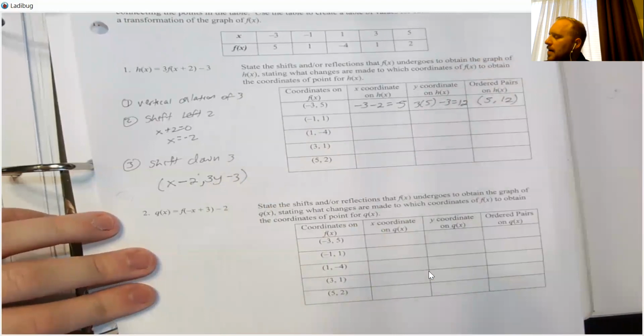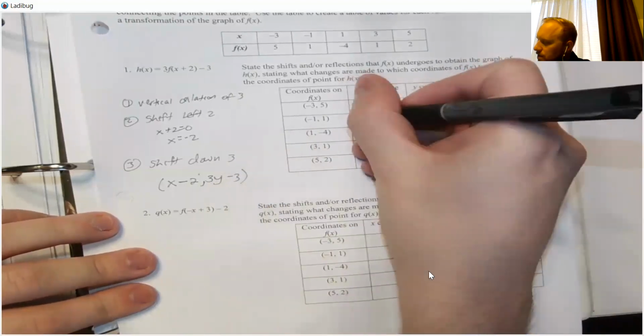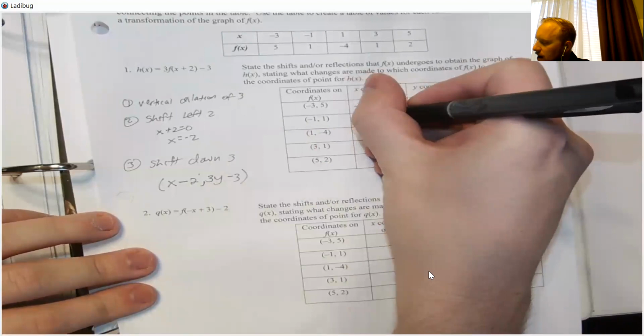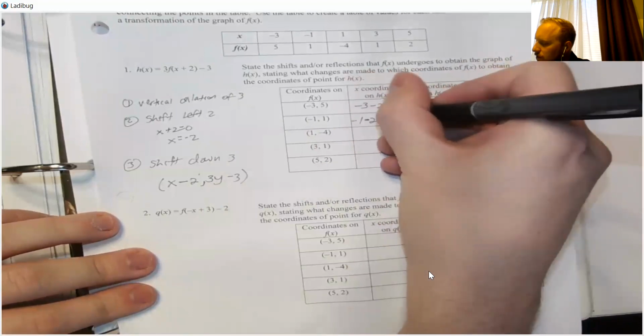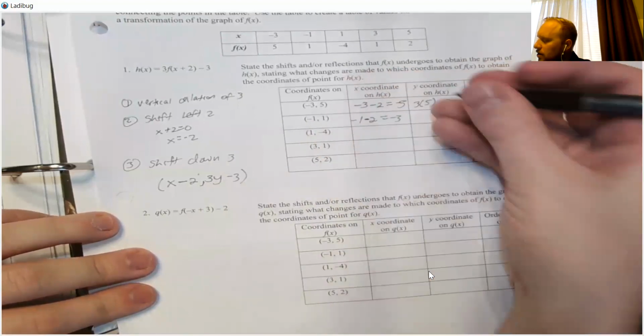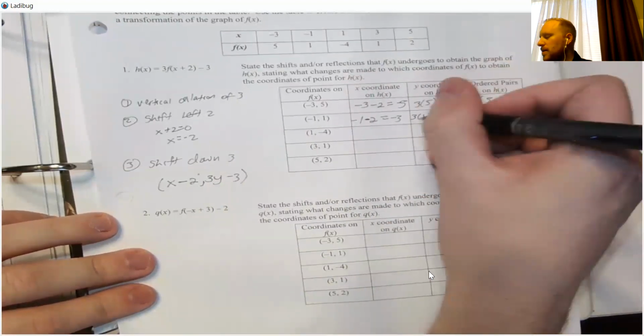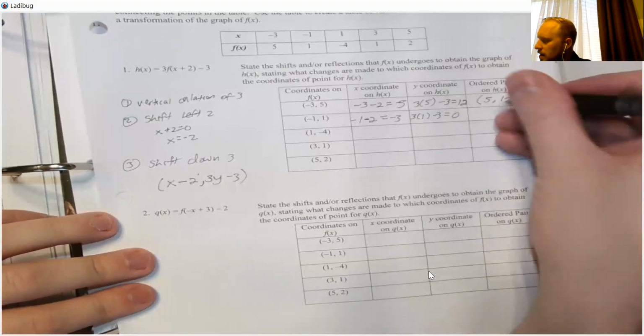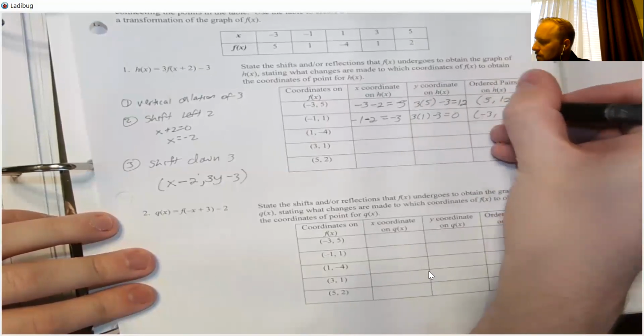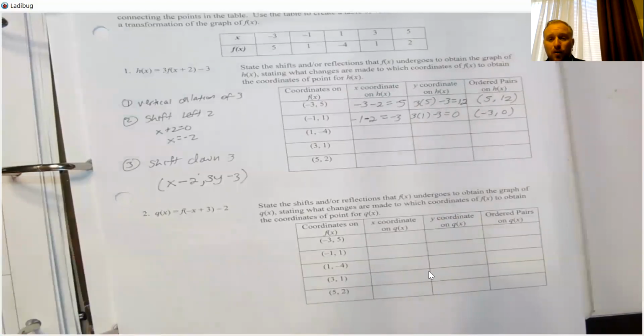Now our next point, we're going to take -1. Our -1 minus 2 gives us -3. Then our y value is 3 times 1 minus 3, so 3 minus 3 is 0. Our point would be (-3, 0). This is very helpful: pick specific points on a parent function and plug those points into our function.